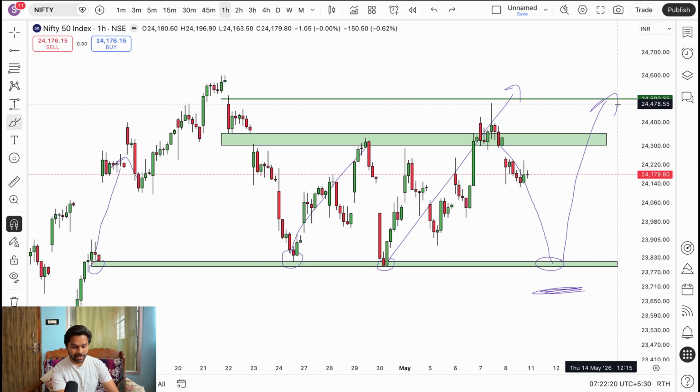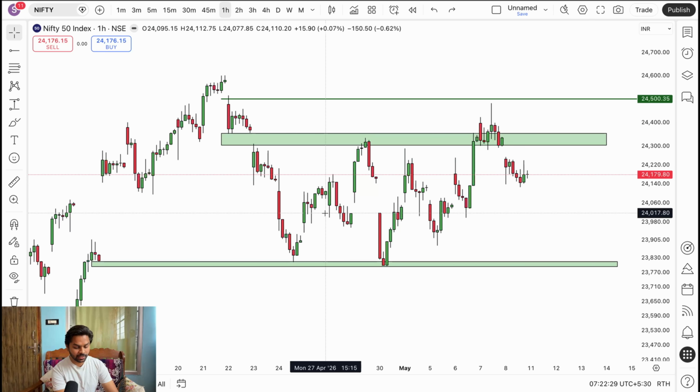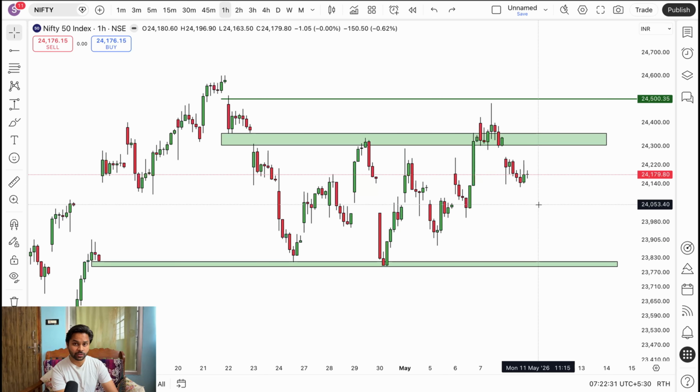So this is what I think the market can do, and this is what technical analysis tells me. So 23,800 is a very strong support, 24,000 is also a very strong support, and the resistance now will be here. Above this, 24,500 will be the resistance.